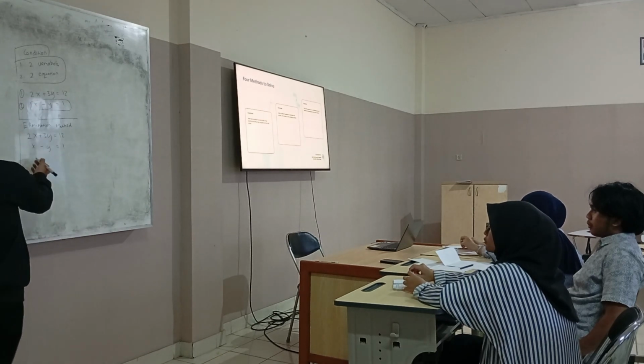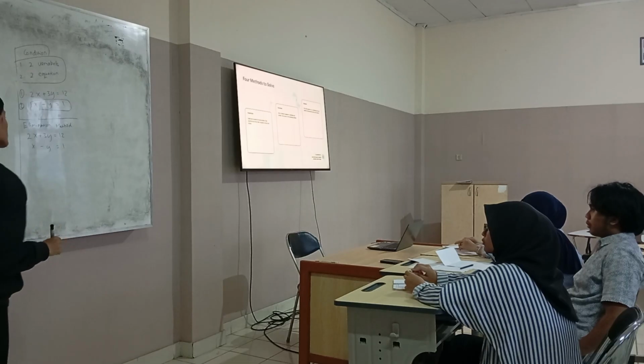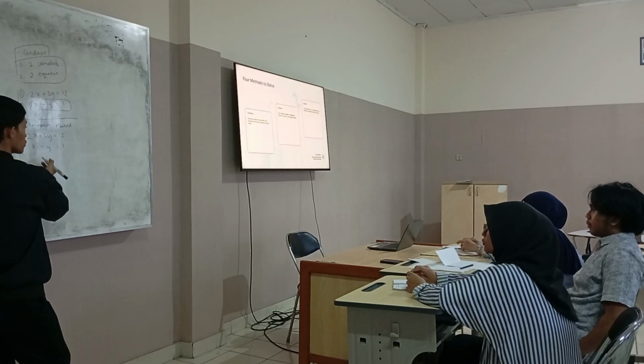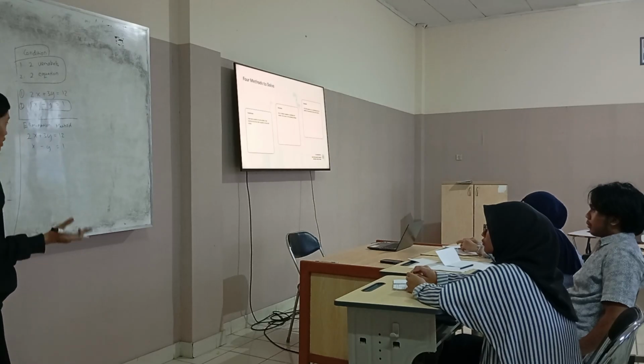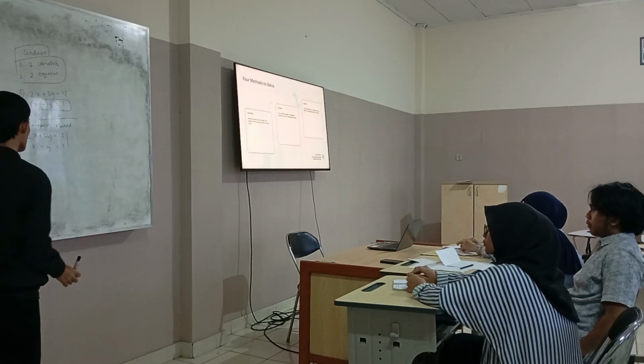So, to eliminate the x variable, we need to make the coefficients of x in those two equations equal by using multiplication.